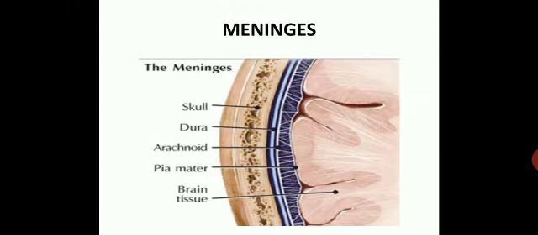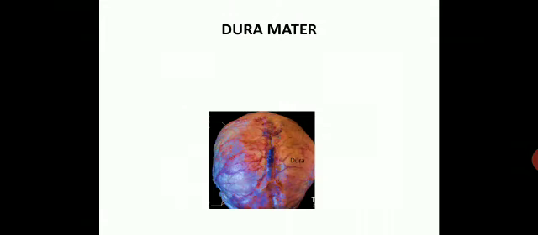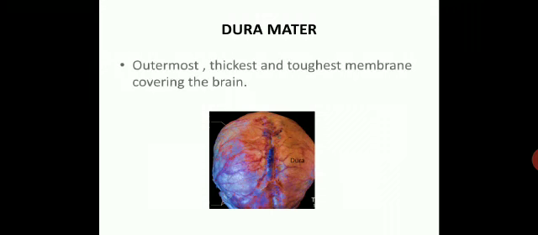In this diagram we can see the layers of dura mater, arachnoid and the pia mater. Dura mater is the outermost and thickest membrane. Dura means tough, so it is the toughest membrane that covers the brain.